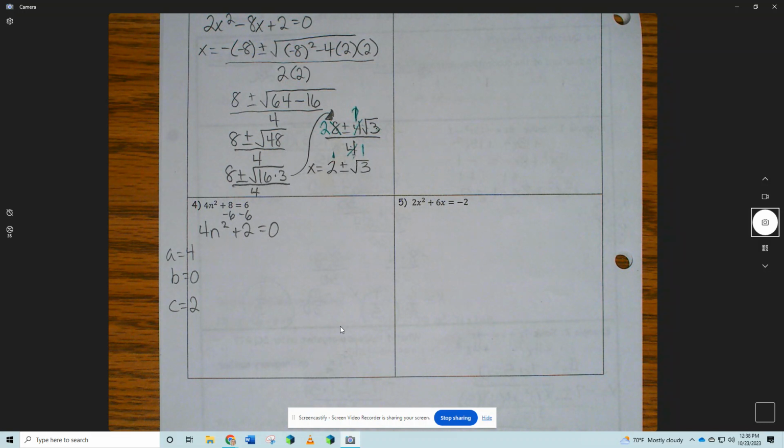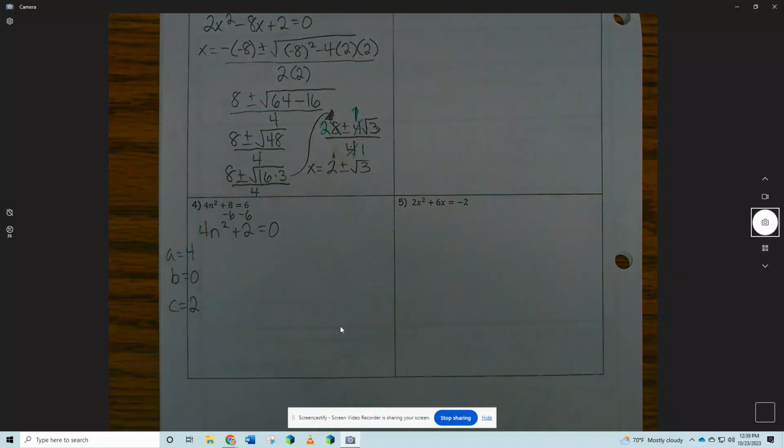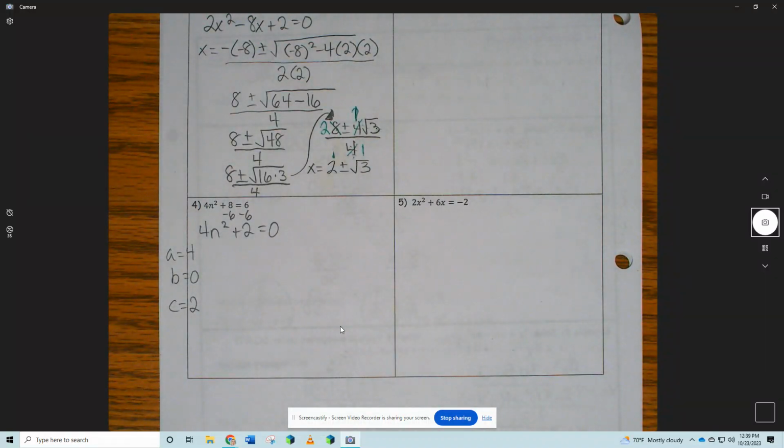We're jumping to that. You should get a negative under there.